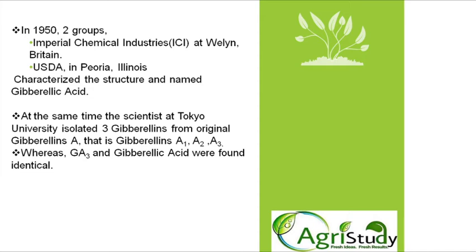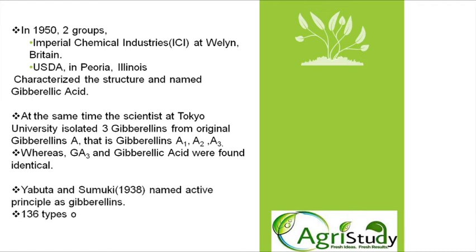But GA3, gibberellin A3, and gibberellic acid were found identical. This was the point when they came to know the importance of the gibberellins, and of the disease caused by the fungus Gibberella fujikuroi, and why this gibberellin causes the elongation of the plant. All this came to be known from that time.